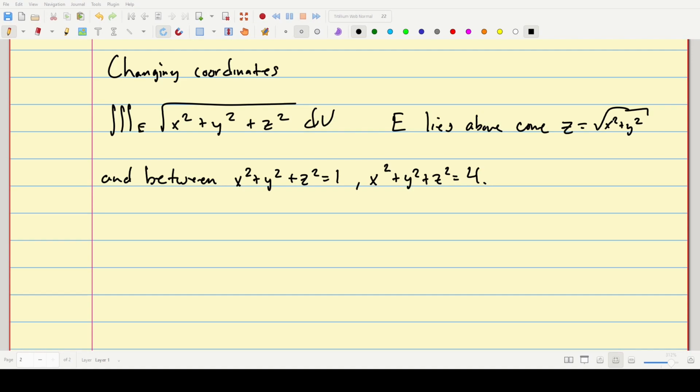All right. So first question, of course, is what type of problem is this? What coordinate system do you expect us to use here? So we're definitely going to be setting things up in spherical coordinates. Okay.